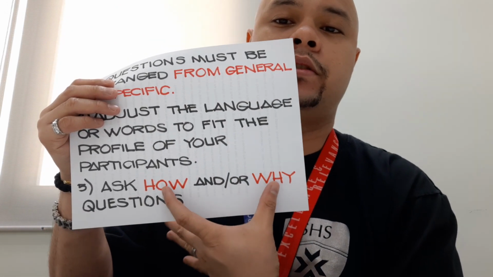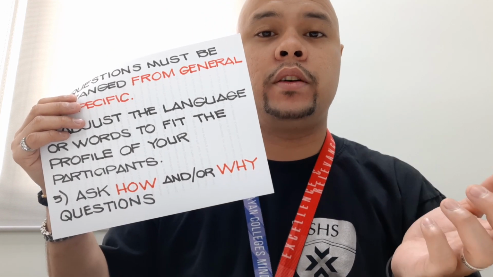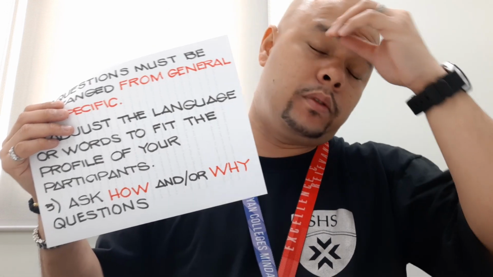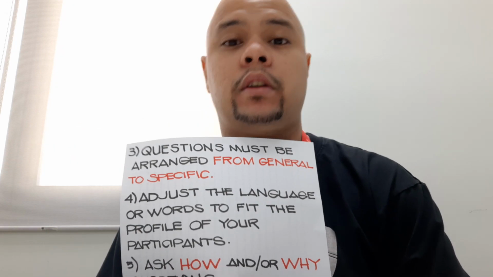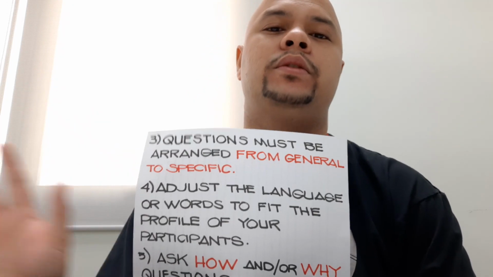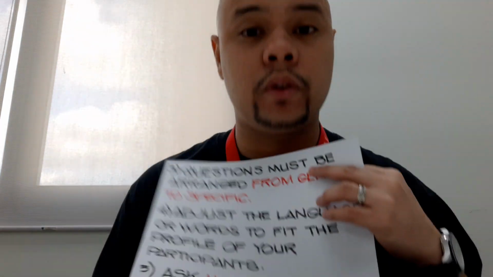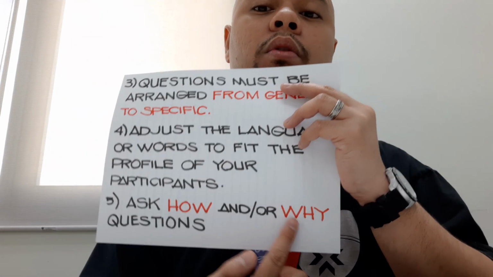Because these are the questions that demand long answers. These are the questions which require your participants to give you more details, as opposed to simply asking them yes or no questions. Are you a disaster volunteer? Yes. It's a total waste of time. So ask how and why questions, or questions that resemble a how or a why question.